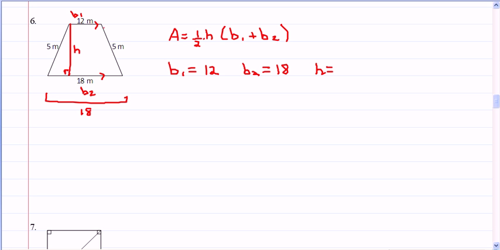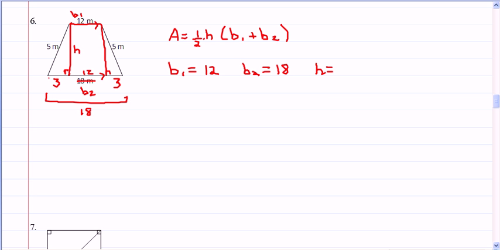If I were to draw two lines straight down, this 12 that's on top, that's our top base, is the length between our two heights that I just drew. So if this whole length is 18, that would make this length 3 and this length 3. So 3 plus 12 plus 3 is equal to 18.